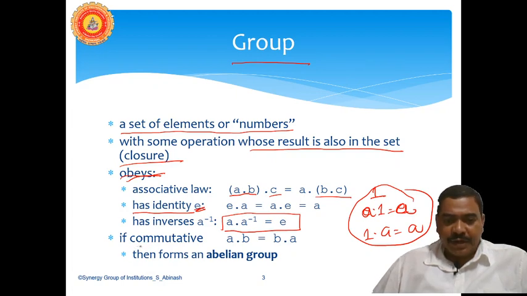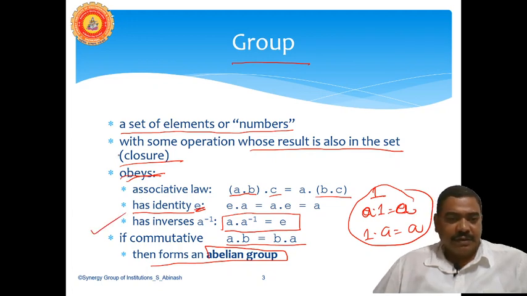And it may be commutative. Commutative means A dot B is equal to B dot A. Then the group formed is an abelian group. So if the commutative law is satisfied in a group, then it is known as abelian.